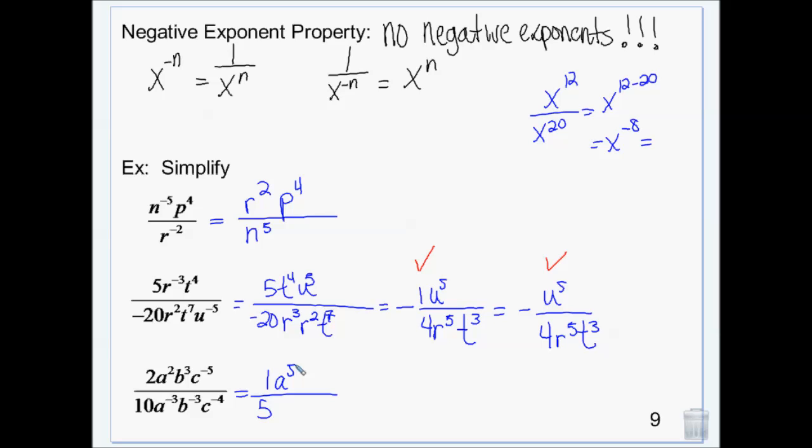B to the negative 3 becomes positive 3. So I add it to this 3 up here. And now look at this. I have negative 5, which is going to go down, and I've got 4, which is going to come up. So this right here becomes c to the 4 over c to the 5. So then that means there's going to be a c on the bottom. Good? Okay.